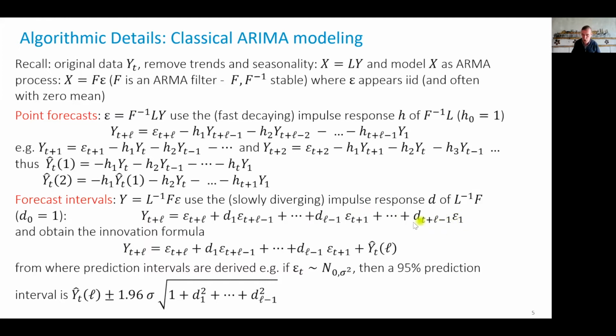So I know all the epsilons here. And therefore, I can write that the conditional expectation of yt plus L, given everything I know up to time t, is obtained by setting to zeros all the terms that are t plus 1, etc., because their mean, their expectation, is 0. And the other terms, I need to keep them here.